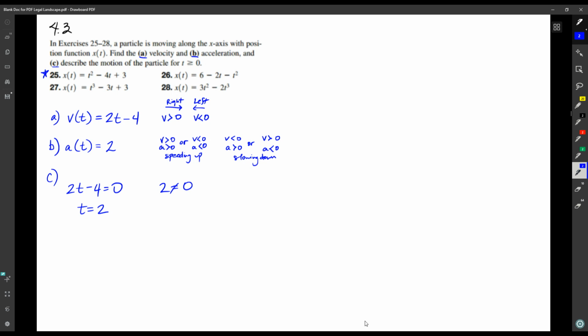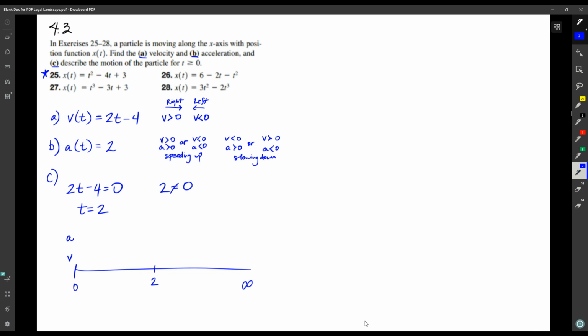So here's our sign chart. We're going to create a number line. This number line is going to start at 0. It's going to go toward infinity because we assume this particle never stops moving. We're going to partition this number line at t equals 2, and we're going to test the velocity and we're going to test the acceleration.